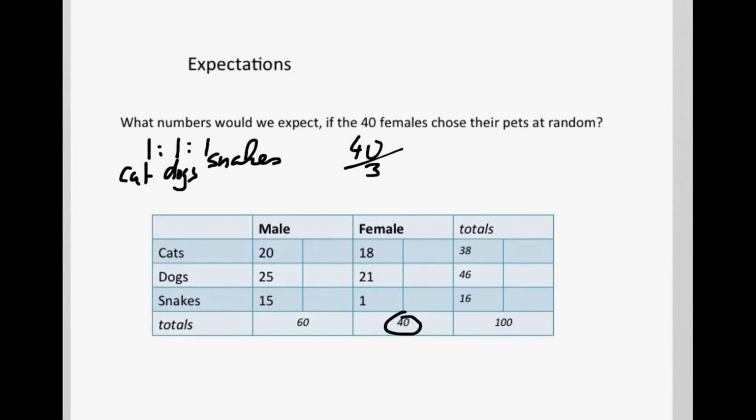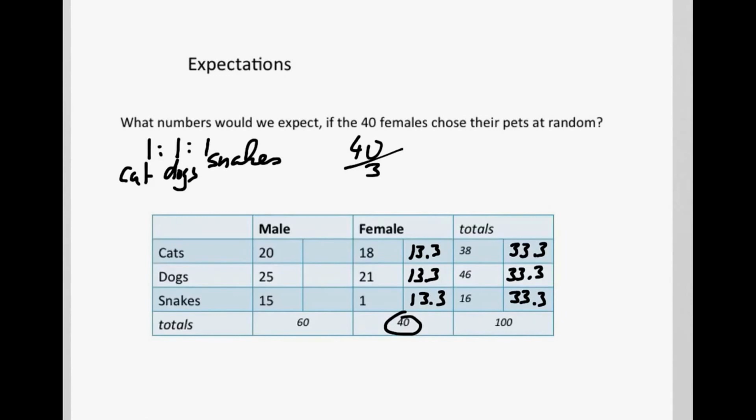So 40 divided by 3 gives us 13.3, 13.3, and 13.3. Again, I forgot to put the totals in. 33.3, that was from the previous slide. And this one here.